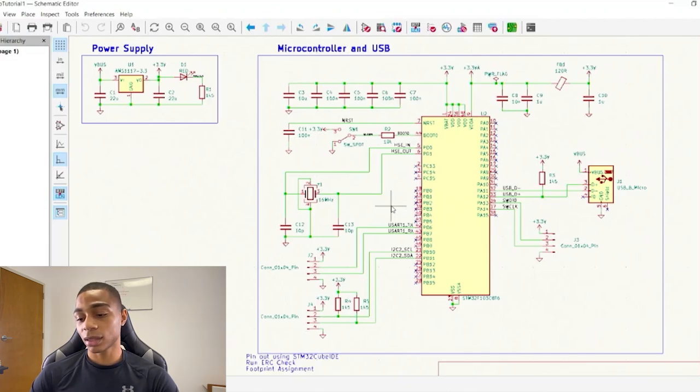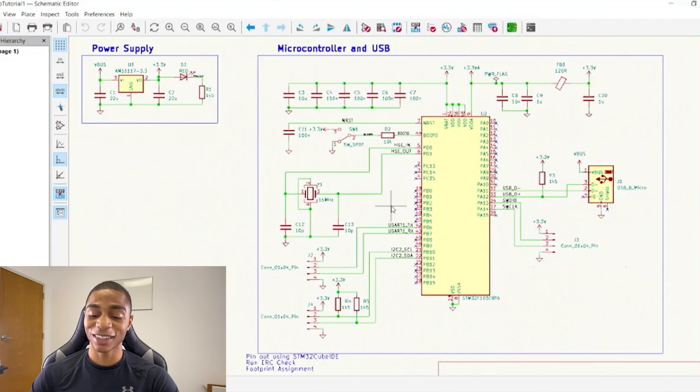If we look on pins 5 and 6, we can see that we have the net names HSE out and HSE in. And HSE signifies an external clock. It stands for high speed external. So it signifies a high speed external clock. And in our case, it is high speed because this crystal oscillator is 16 megahertz, or 16 million clock cycles per second, right?